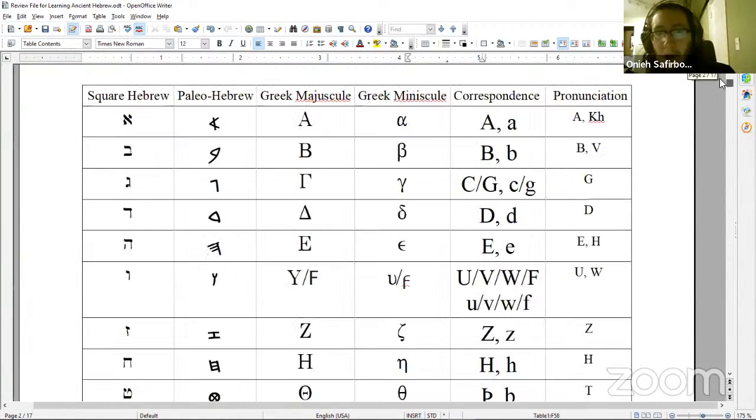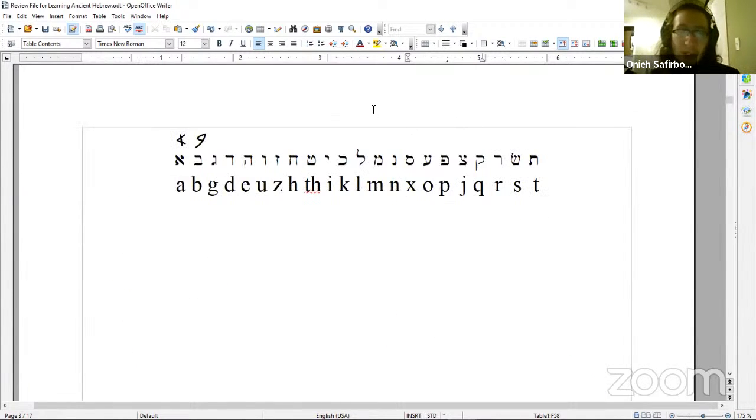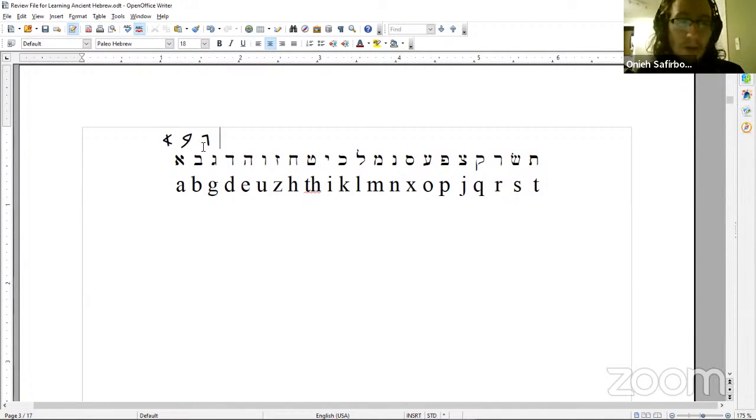First, we need to go over the alphabet again. Just not the whole alphabet, of course, but the next two letters. Now, remember, we're doing Paleo Hebrew, so G and D. Okay, and let's see here.